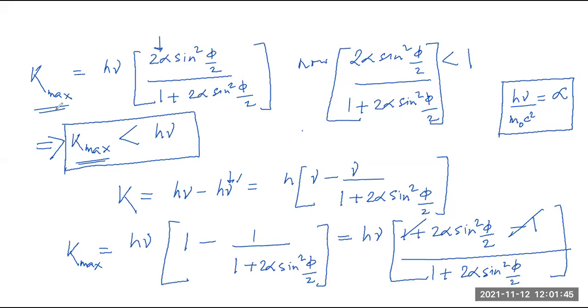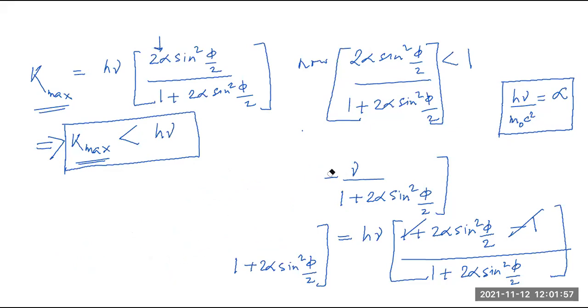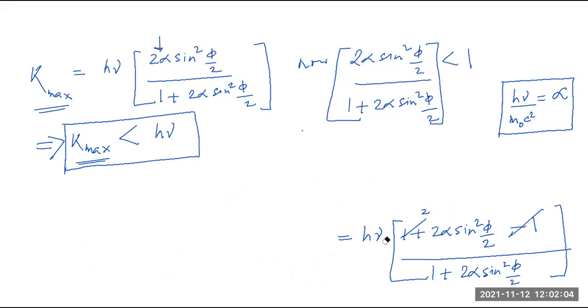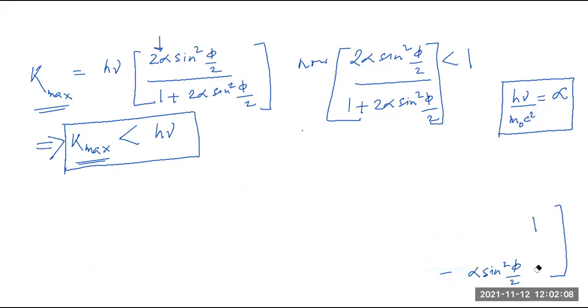So this equation is the proof that the photon cannot transfer all of its energy to the electron. Student: When we calculate this, nu prime is bigger than nu? No, nu prime is less than nu. I said the frequency decreases and the wavelength increases.